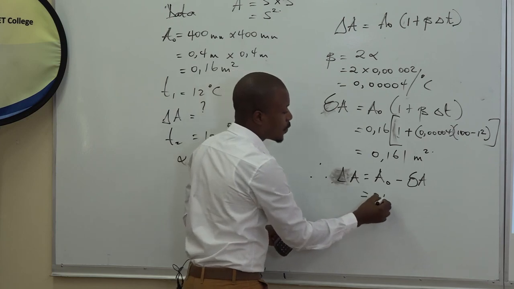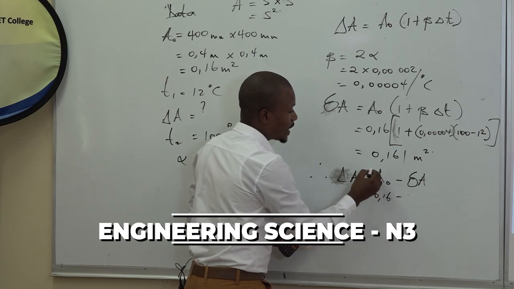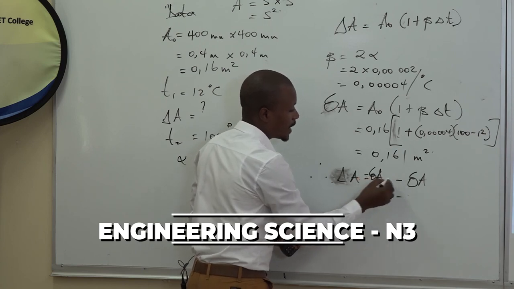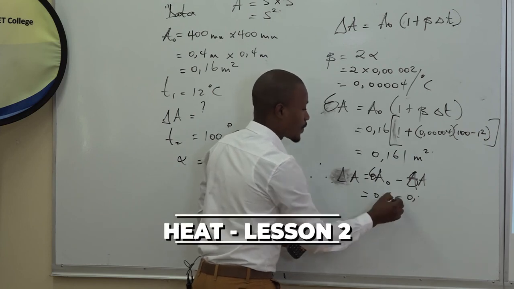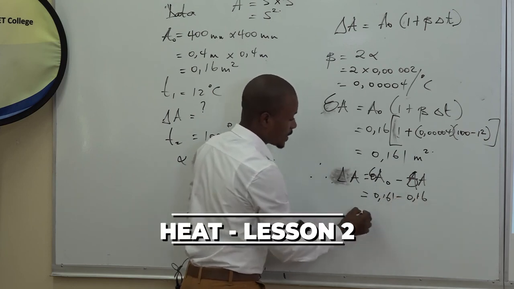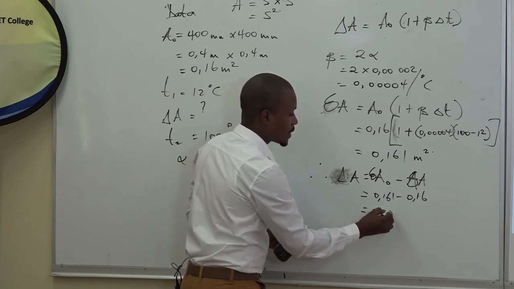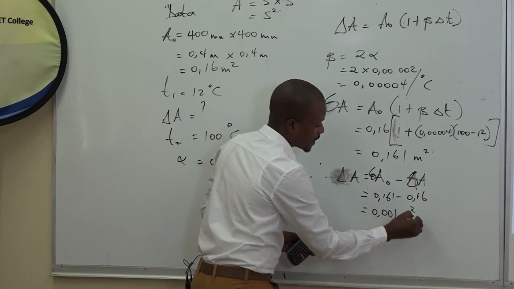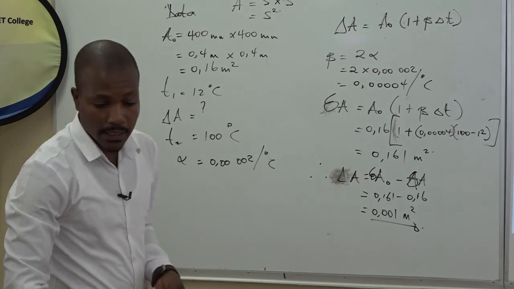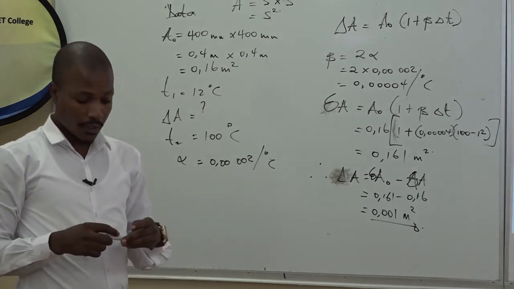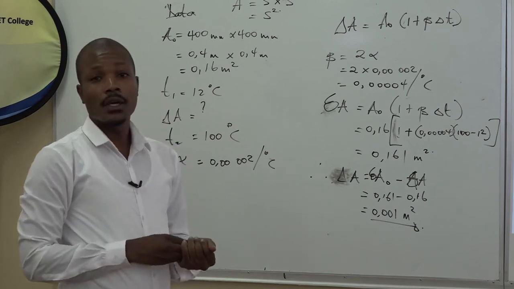So it will be 0.161 minus 0.16, then the change will be 0.001 meters squared. That is basically how you go about doing it.